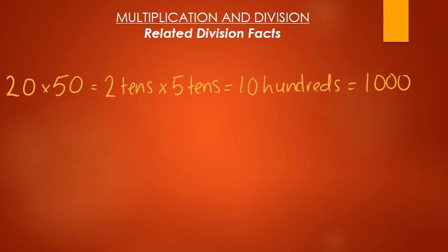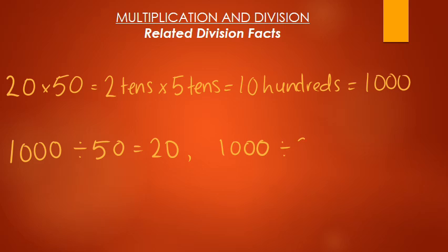So if you know this, you also know the related division facts. For example, 1,000 divided by 50 equals 20, and 1,000 divided by 20 equals 50. Can you think of another related division fact?